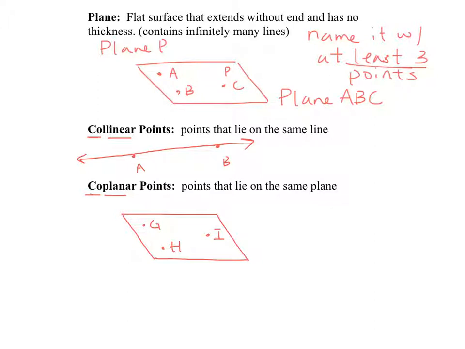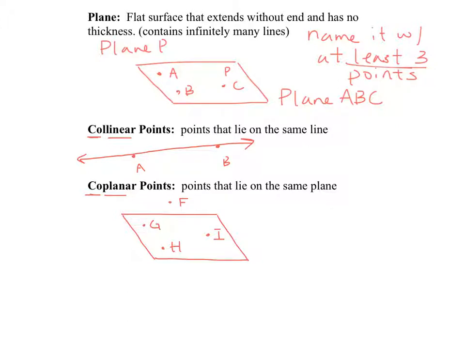But if I were to draw a point up here and call it point F, technically I could say that F, G, and H are coplanar as well, which is tricky because it doesn't look like they're coplanar because they're not lying on the plane that I drew, but there is a plane that we could draw through them. So any 3 points are always coplanar. We'll talk more about that tomorrow.